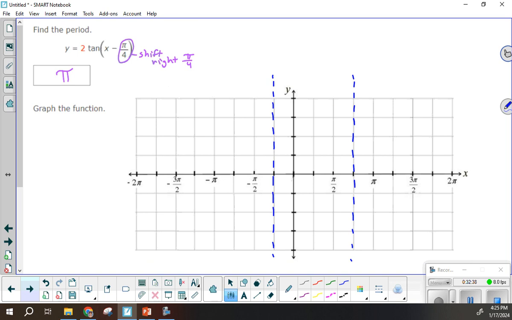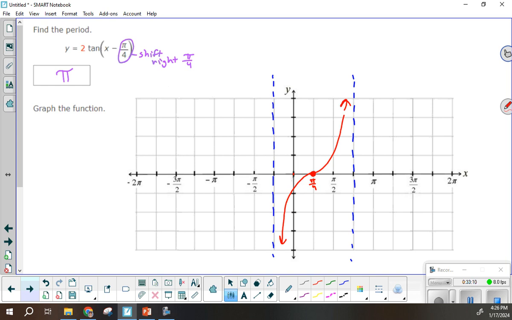Now, those are my asymptotes, because I shifted right pi/4. So now find the center of that. This is your 0 for your tangent then. Instead of being 0 here at the origin, this is now pi/4. And again, if you remember, the tangent function goes up and to the right and down and to the left. That's it.